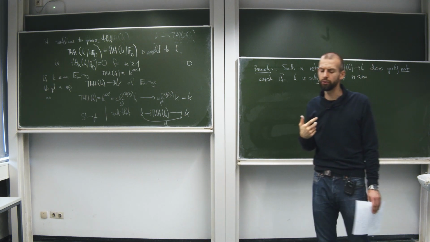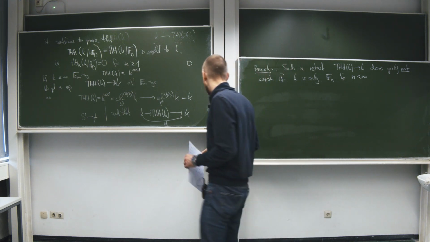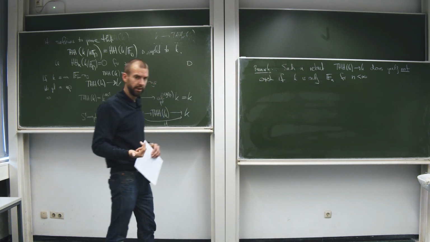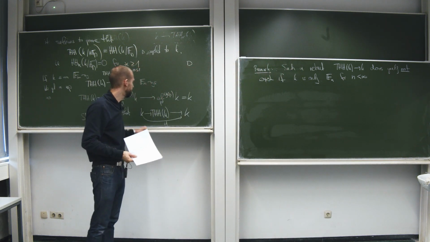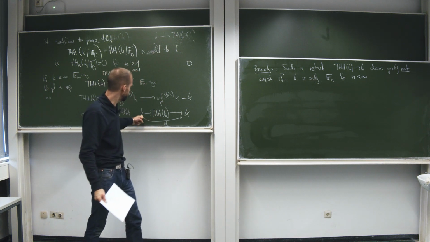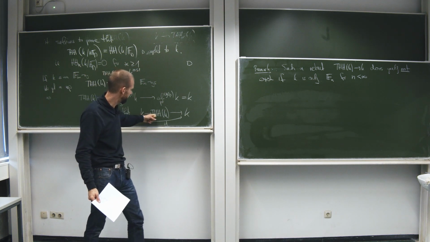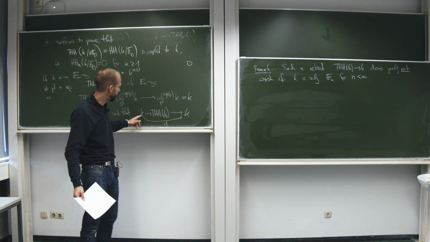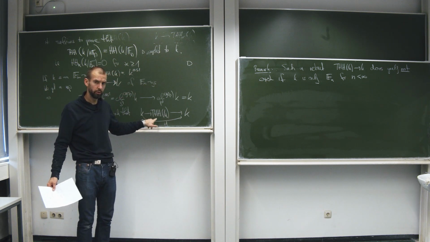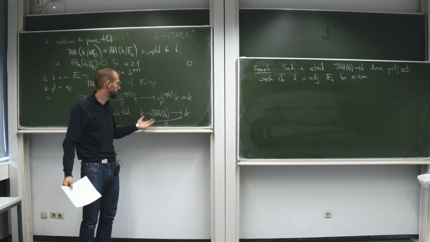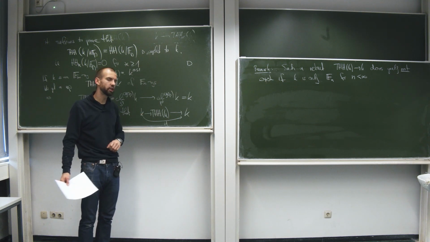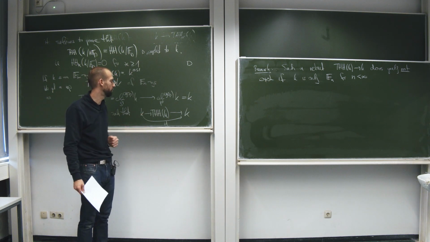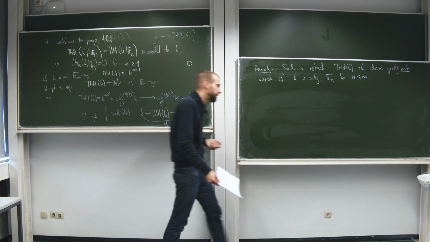So for an associative ring spectrum, such a map does generally not exist. And this can be tested, in fact. If K is a ring spectrum, then the fact that this retract exists implies that this map is injective on homotopy groups. In fact, it splits off a summand of K from THH of K, and you can prove that this can't be true in general. So that's something very specific.